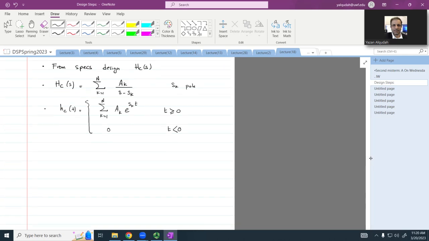What is the next step? We're going to create h(n), which is going to equal hc(nT) multiplied by T. What is this going to equal to? The summation from k equal 1 to N, A_k multiplied by e to the s_k multiplied by T multiplied by n.